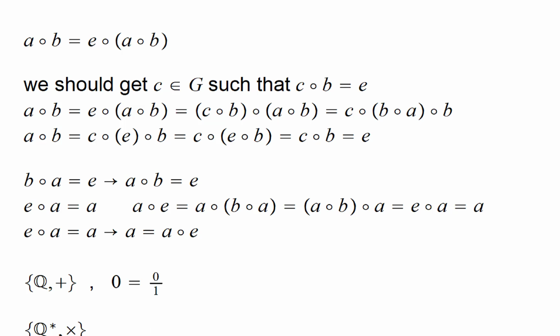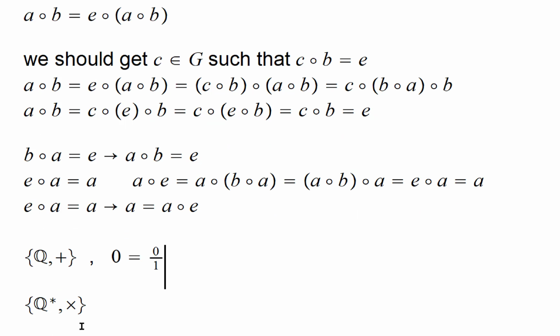So 0 is the identity, and the negative of a rational number is again rational. If we remove the 0 element from the set of rationals, that is Q minus 0, then that will also become a group.